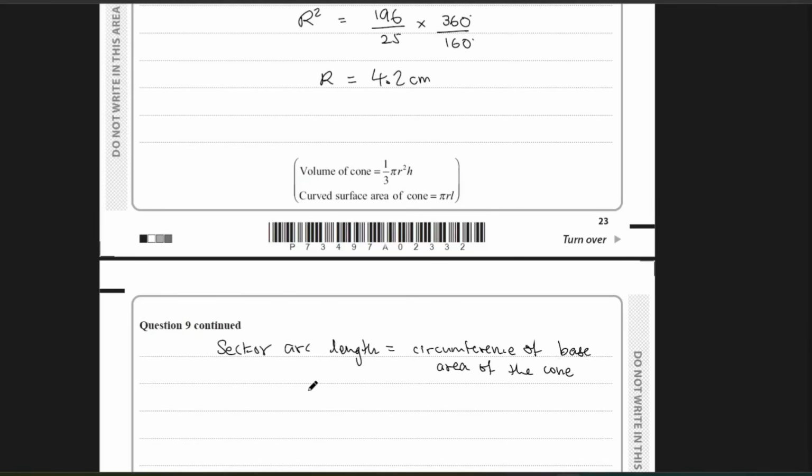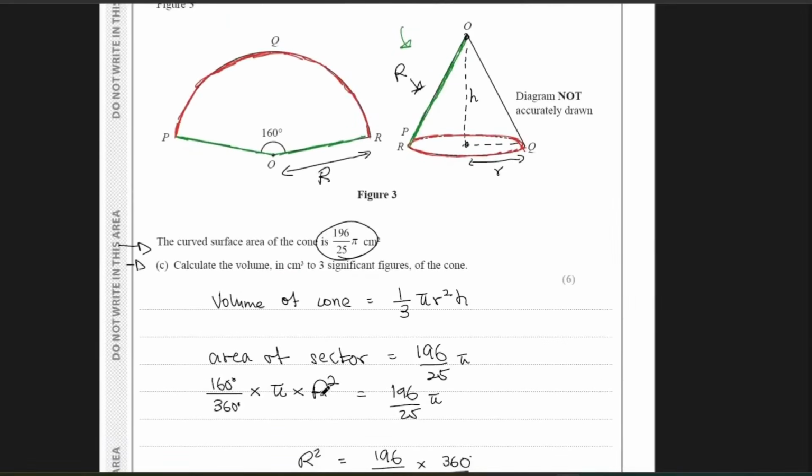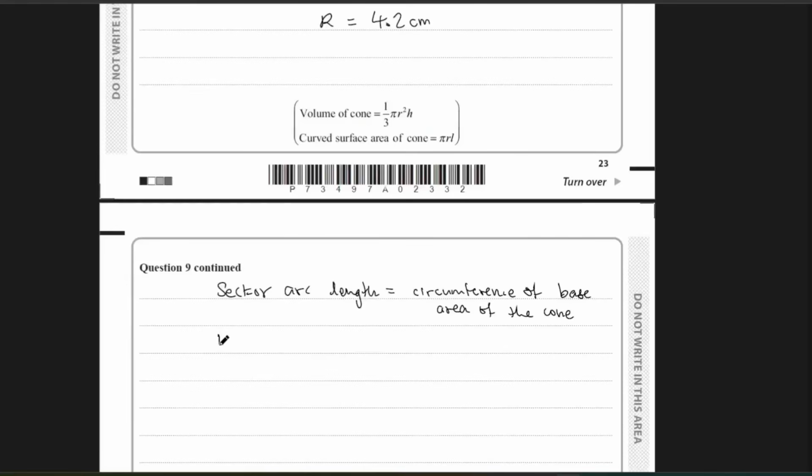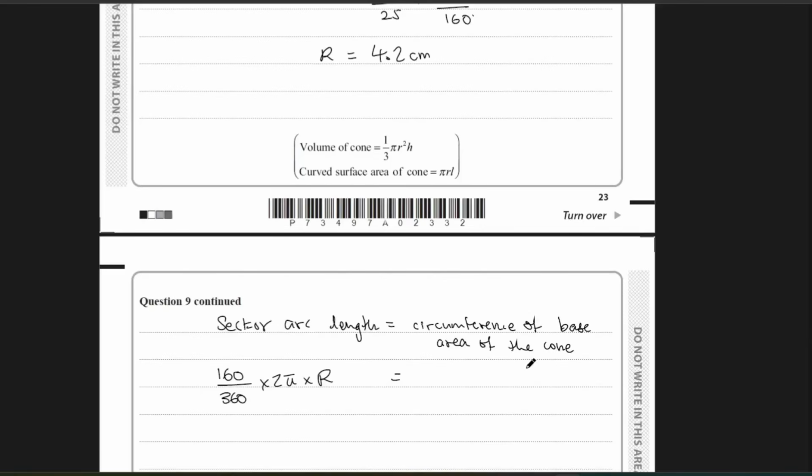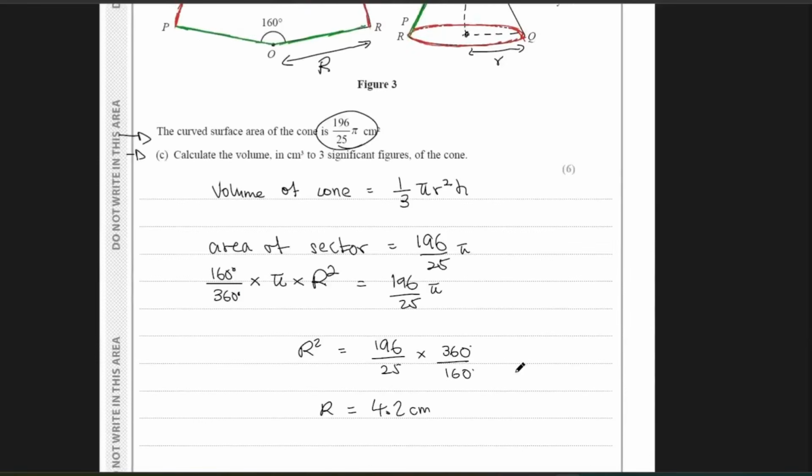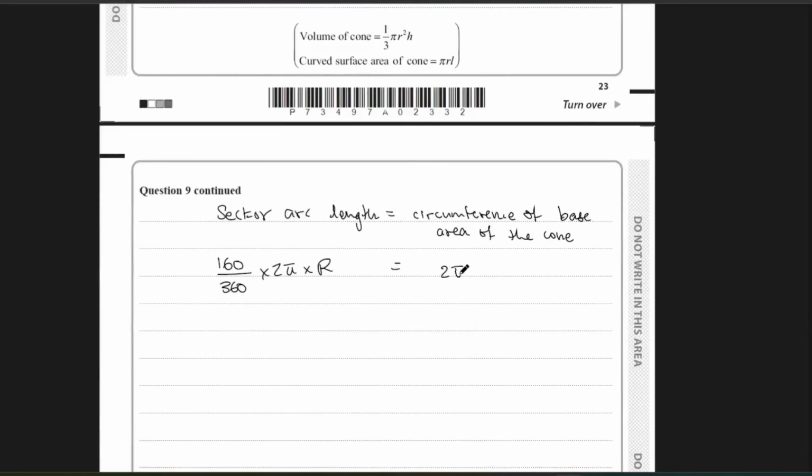How do we calculate the sector arc length? It is 160 by 360 times 2 pi capital R, which is equal to the circumference of the base of the cone, which is just 2 pi small r.